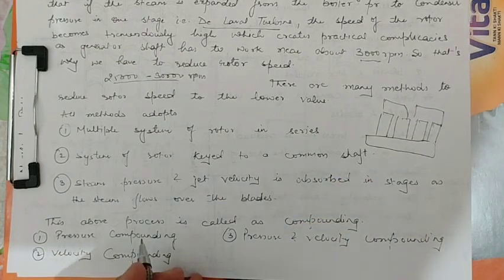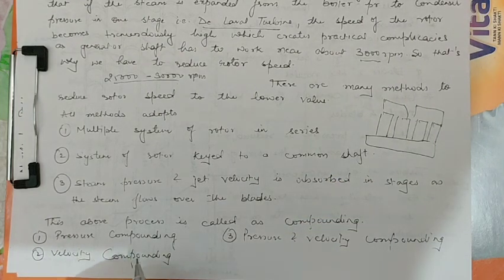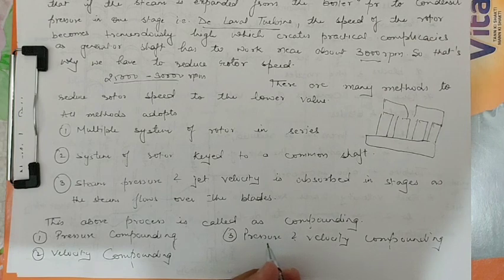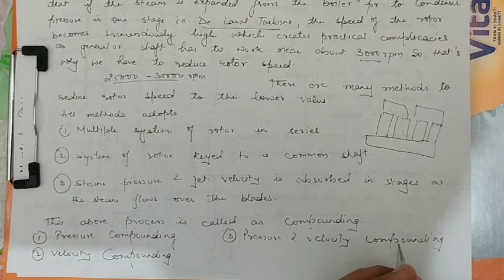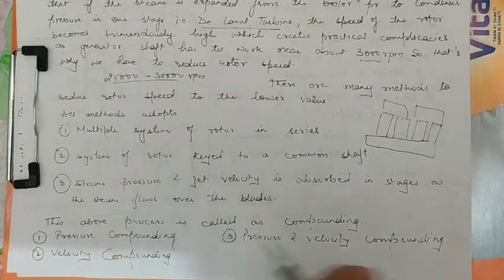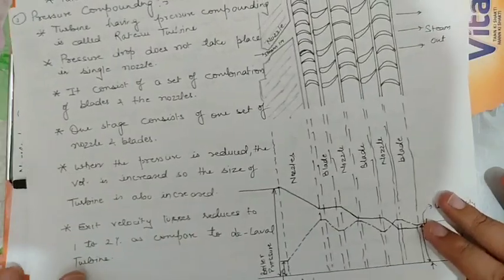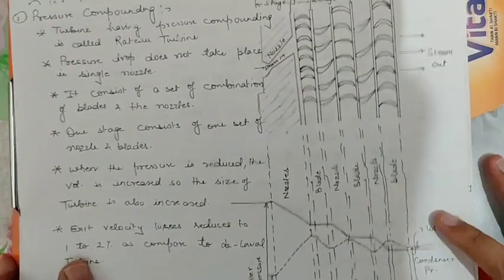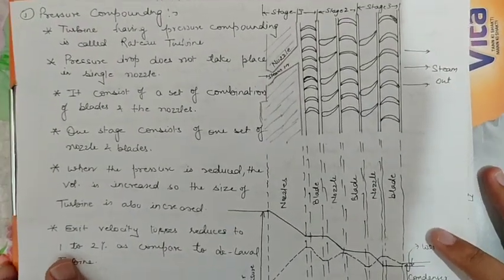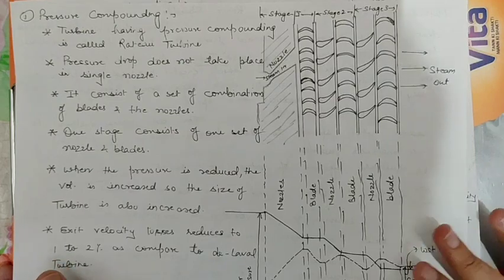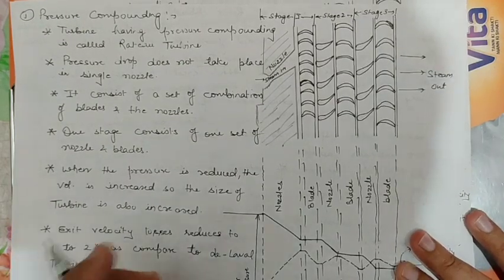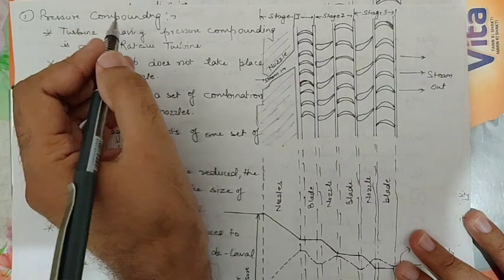The first method is pressure compounding, the second is velocity compounding, and the last is pressure and velocity compounding. So first we will discuss pressure compounding.